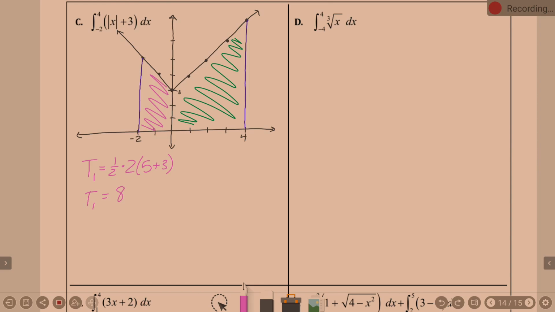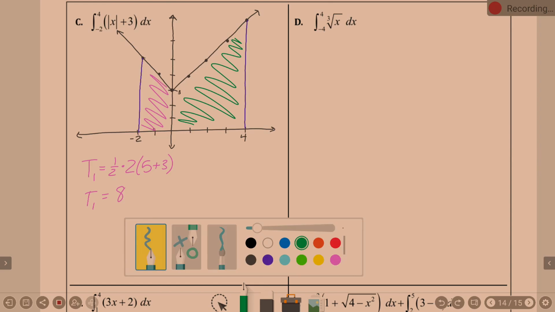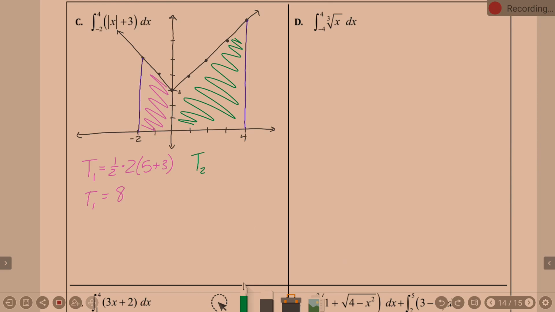Okay. And I'm going to call the other one T2. Plus 7. Is that a 7 up there? I never labeled, I just put the tick marks there. 20.